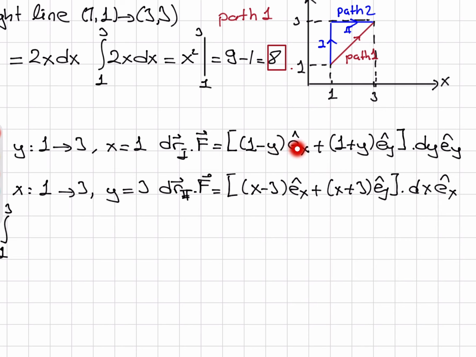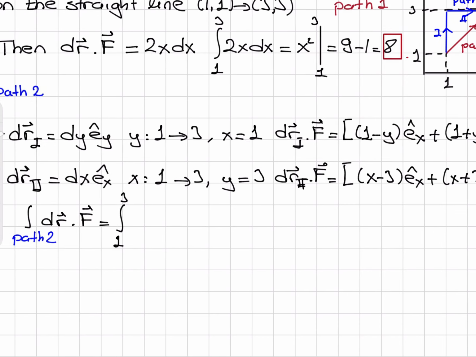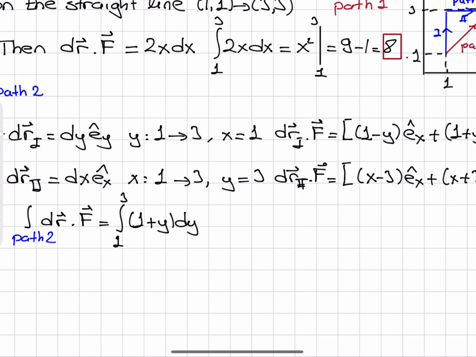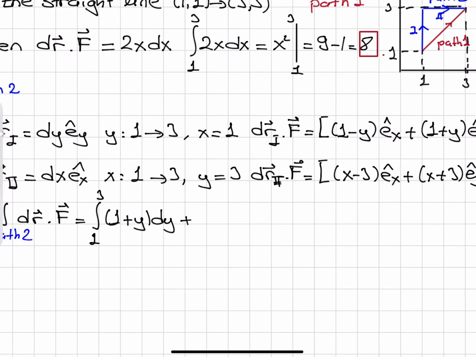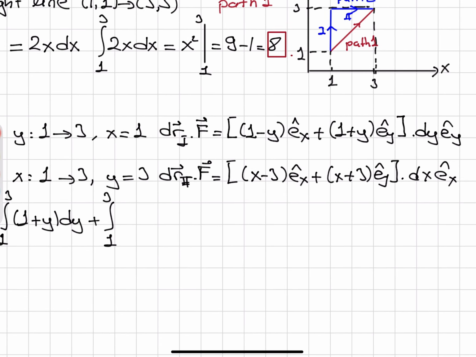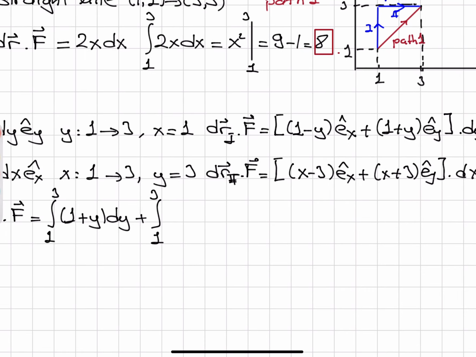This ex hat dot ey hat is 0, so this will give no contribution. (1 plus y) dy. And as for the second segment, x changes from 1 to 3. And here I have dx ex hat, so (x minus 3) dx.